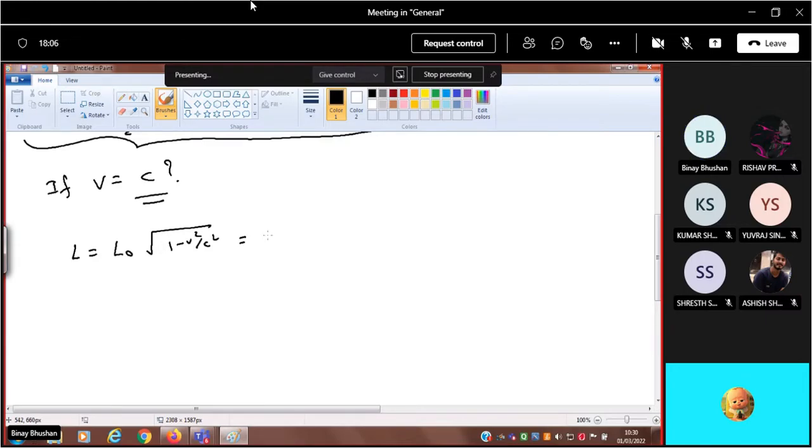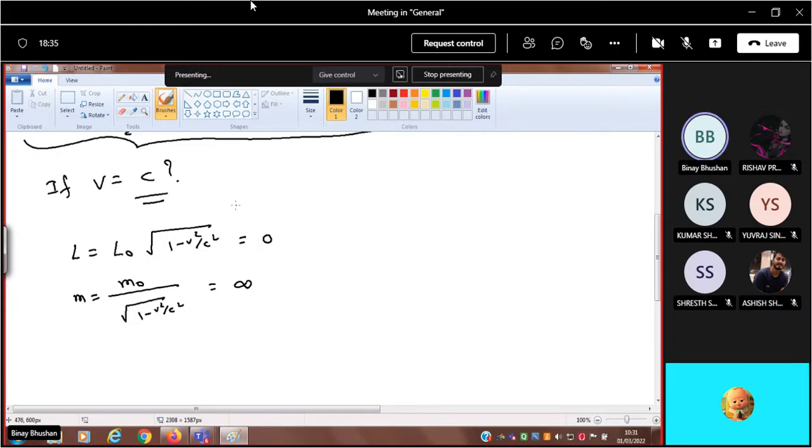Yes, sir. If v is equal to c, then moving length L will be equal to what? So it becomes 0. It becomes 0, right? Similarly, what will be the moving mass? Yuras, what will it be? Sir, infinite. Infinite. So a very peculiar situation is this.